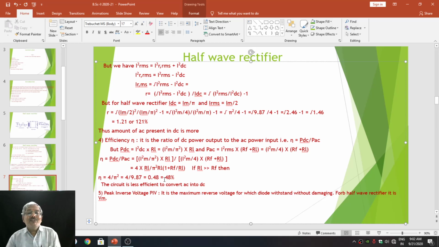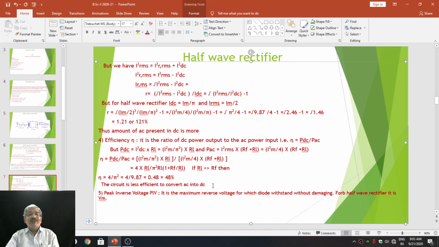If you multiply this 0.48 by 100, we get the efficiency in percentage, and that is almost about 48%. Thus, efficiency of half wave rectifier in converting AC into DC is only 48%, which seems to be less. It means this circuit is not efficient to convert AC into DC.